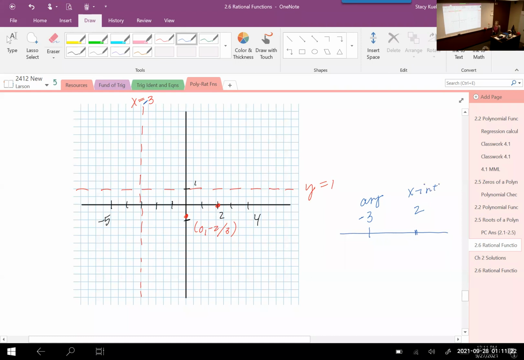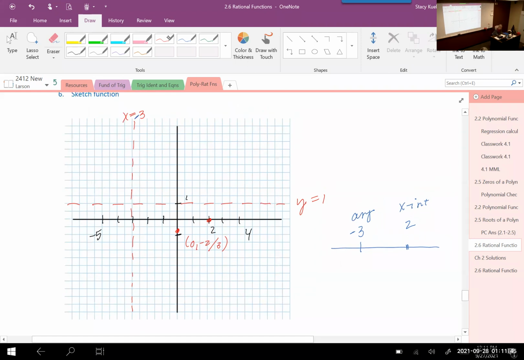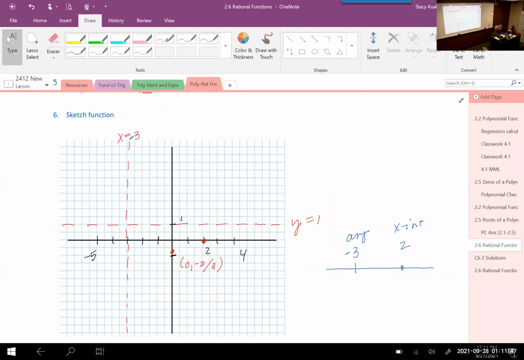Those are what we would consider critical numbers. And I'm going to test values to the left, in the middle, and to the right. Okay, so all I want you to do is test those values and tell me where I'm positive and where I'm negative. You've got to graph it anyway, so plug it into your calculators. The original function, not the reduced one, plug the original function into your calculators and tell me whether we're positive or we're negative.